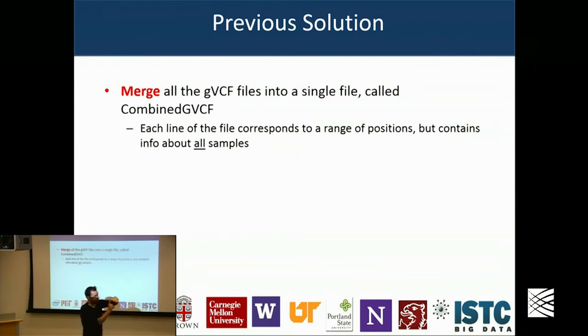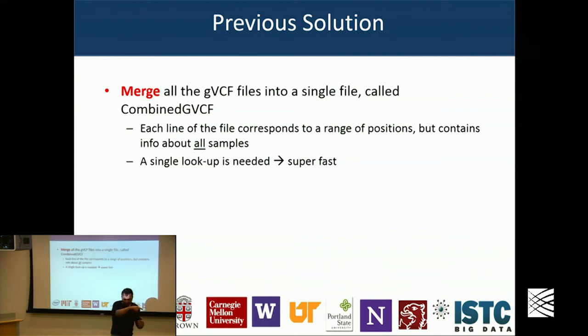So every line, instead of corresponding to one sample, now corresponds to all the samples. So if you do this, then there is a single lookup needed to find that entry, and then with a sequential scan, you get the entire row, you get information about all the samples. This is rapid. This is super efficient.